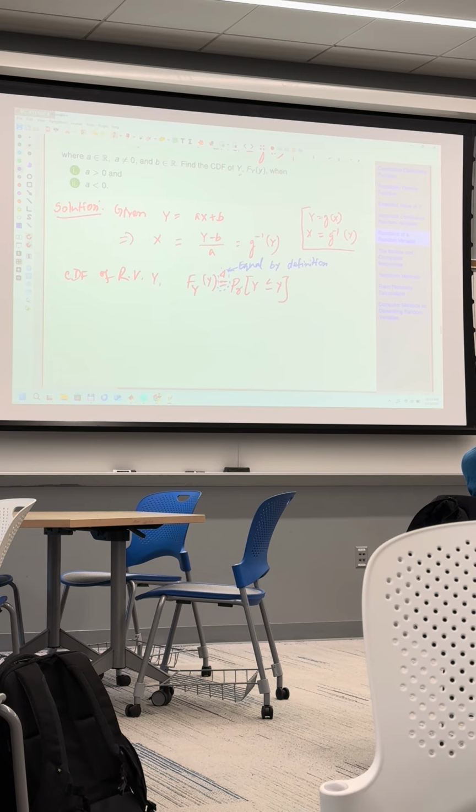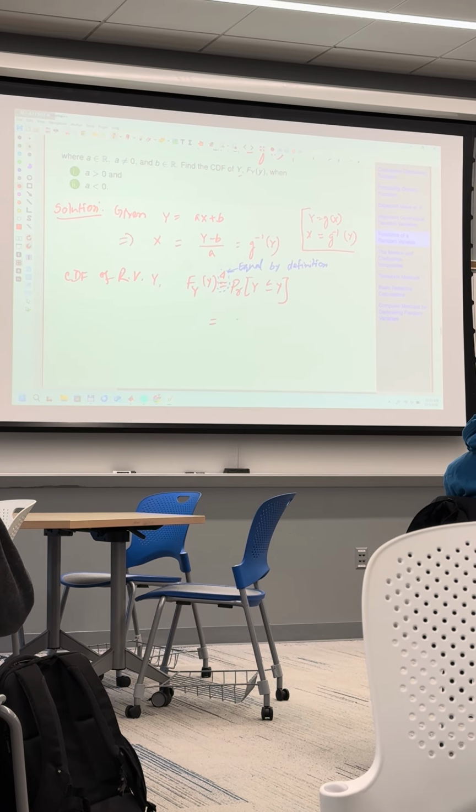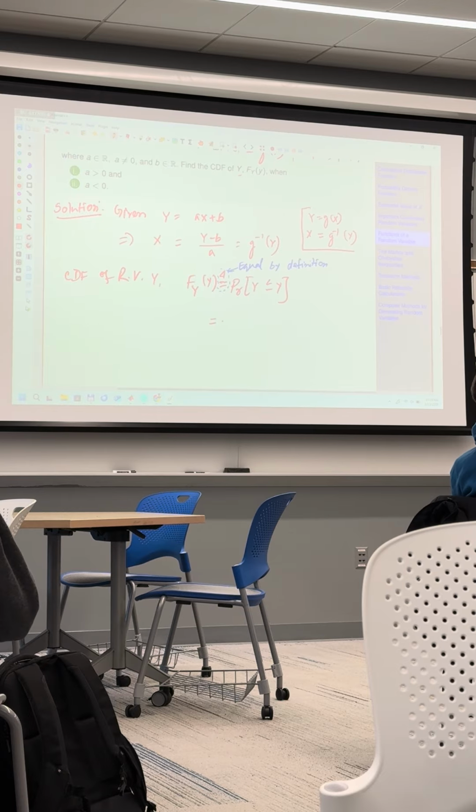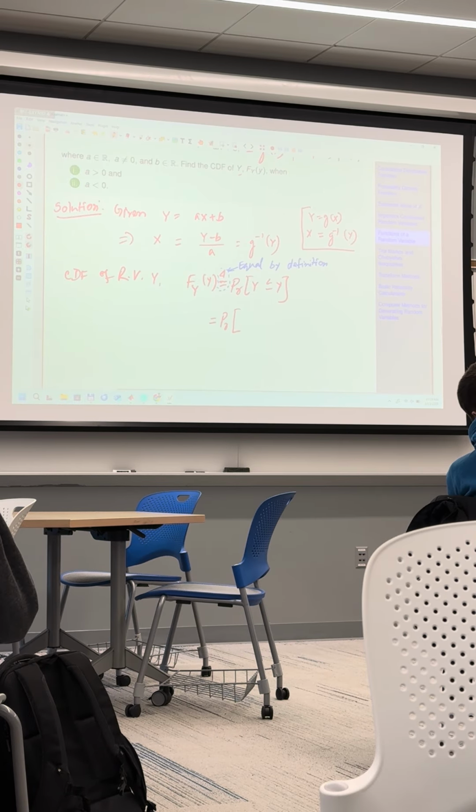Okay, so now look. I am going to substitute the expression for y. So it is going to be the random variable a times x plus b less than or equal to y.